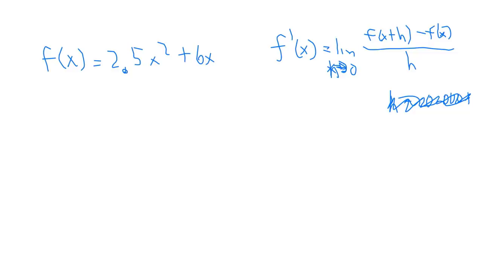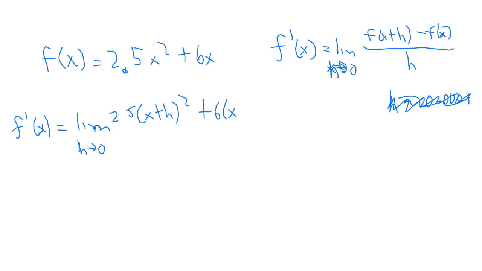And so what we're trying to do is evaluate our derivative. So f prime of x is equal to the limit as h approaches 0 of 2.5 times x plus h squared plus 6 times x plus h. So remember this was f of x plus h. And then you subtract off.